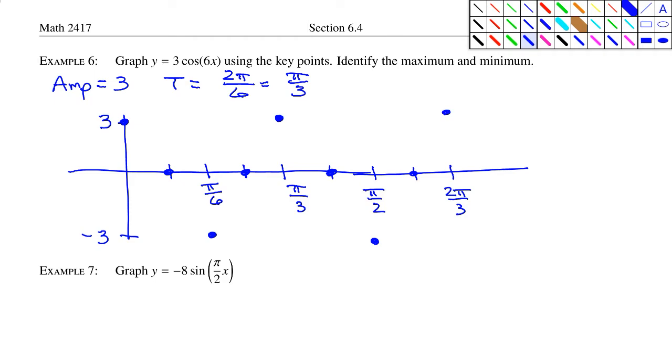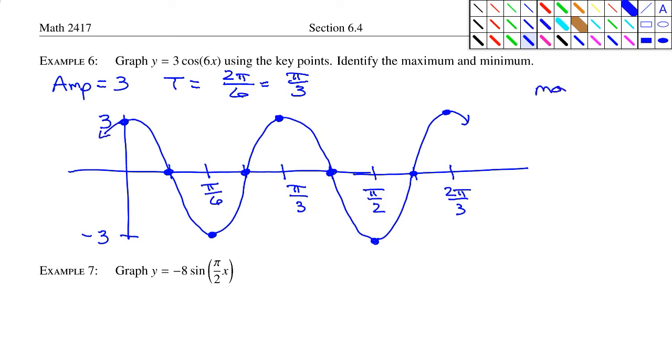And then connect the dots in the cosine curve. Like so. The maximum value is 3. The minimum value is -3.